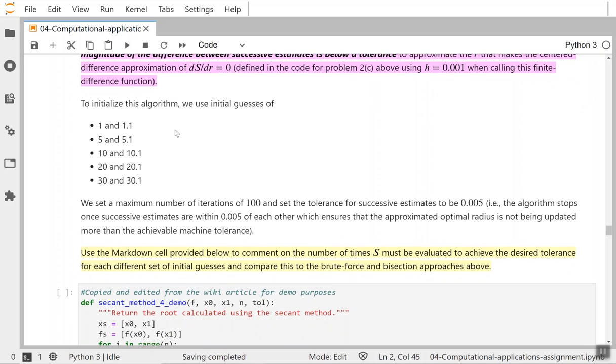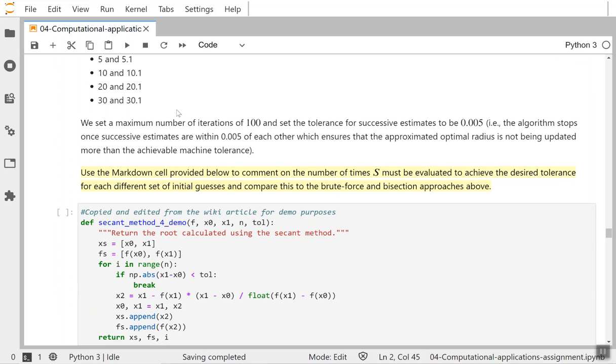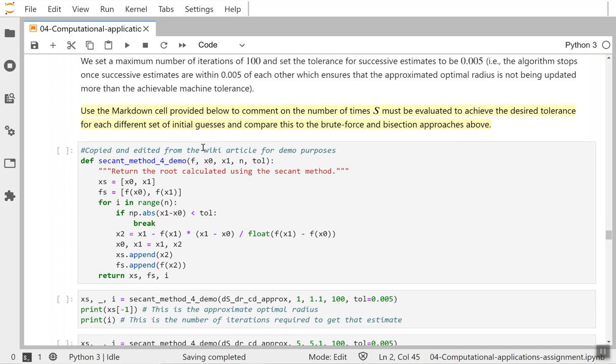So to initialize this algorithm, we use initial guesses of 1 and 1.1, 5 and 5.1, 10 and 10.1, 20 and 20.1, and 30 and 30.1. We set a maximum number of iterations to 100, and we set the tolerance for successive estimates to be 0.005 again in order to make sure that we approximate the optimal radius within the achievable machine tolerance.